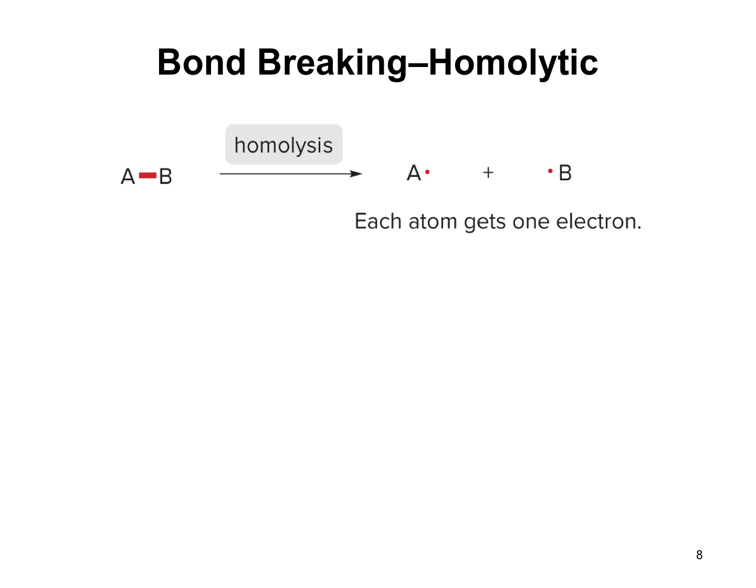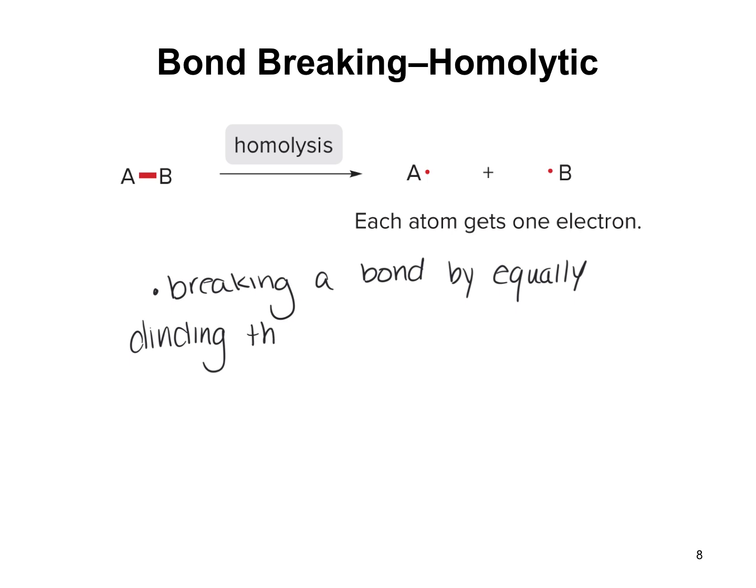Breaking a bond by equally dividing the electrons between the two atoms of the bond is called homolysis or homolytic cleavage.